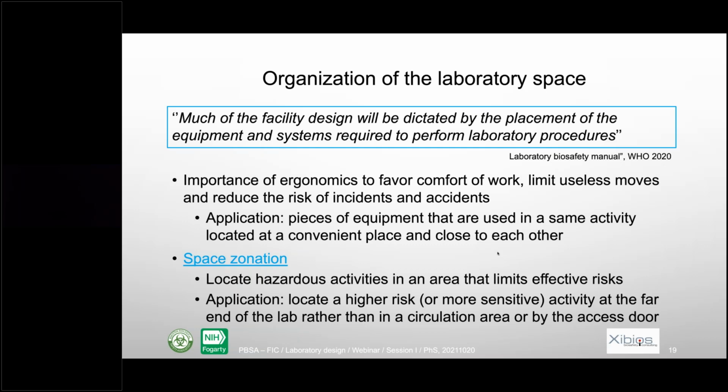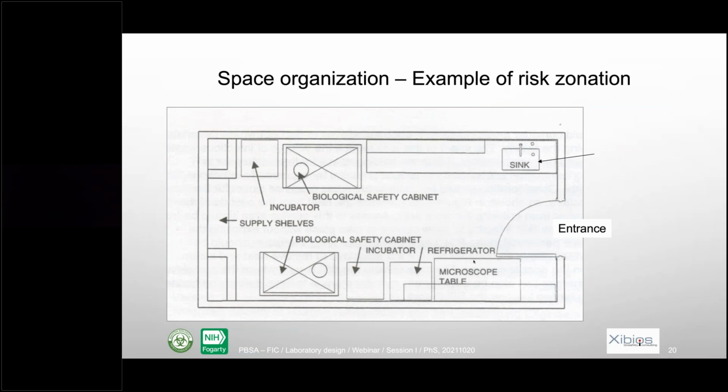And so with that principle of space zonation, you try to locate the most risky, most hazardous activities in a place that limits the effective risk for most of the people in the lab. The main application is that you will locate high-risk areas or more sensitive activities at the far end of the lab, rather than close to the door. And this is an illustration of that.